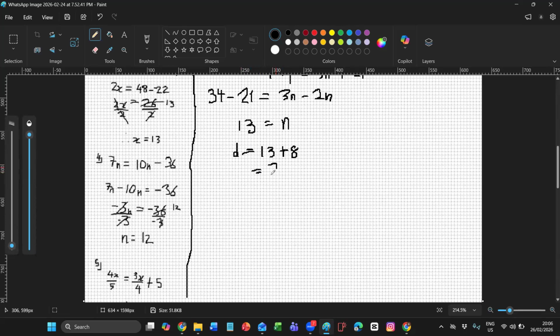It's equal to 21. So the original fraction was 13 over 21. Okay, nice one.